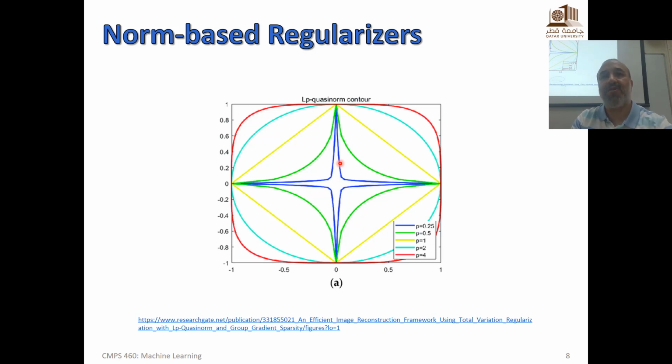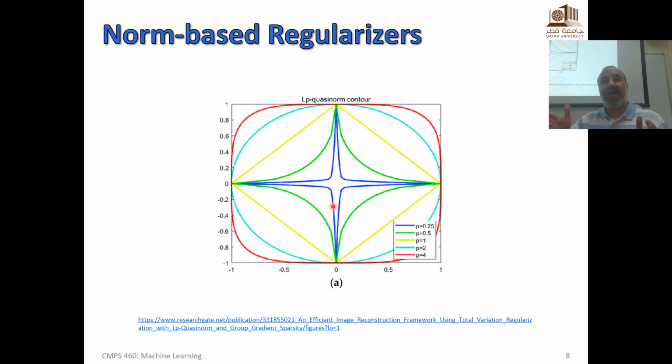Now look at this one. What's the chance that using this one we will have small values of the weights? Is it a higher chance than the circle and this one, or less? Higher, right? Because as you see here, all of the points on this contour have the same norm, but many of them will happen when one of the weights is very small.